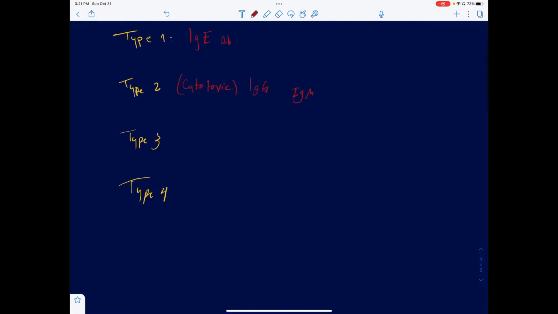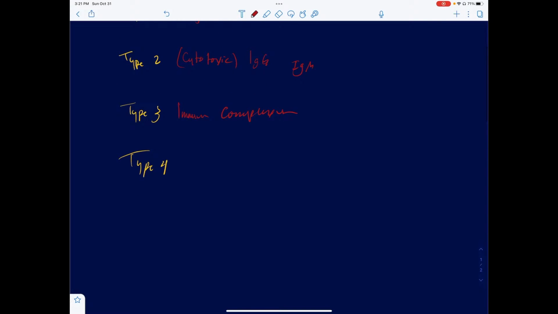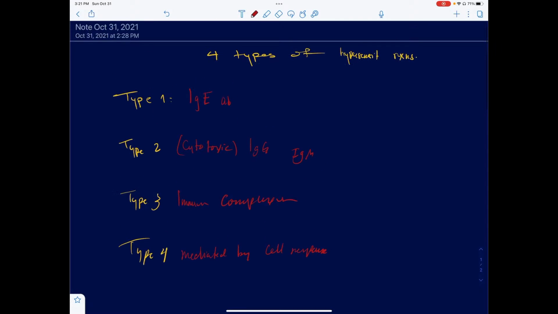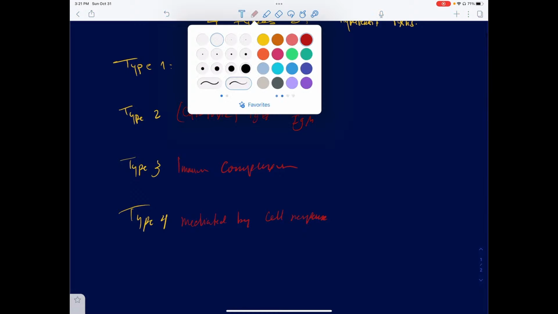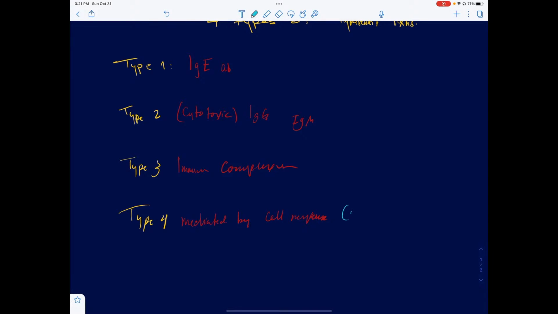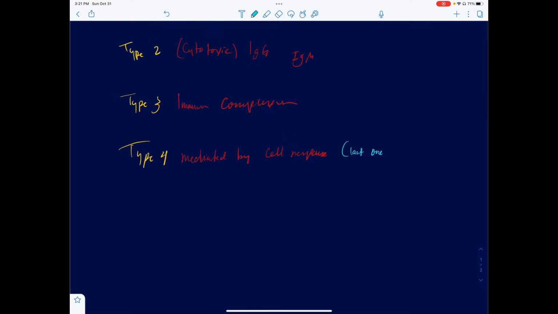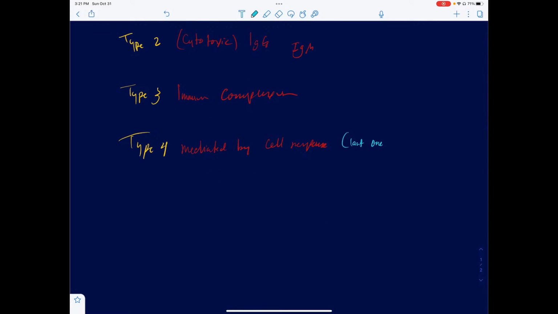The third one is mediated by immune complexes. And the fourth type is mediated by cell response. This type 4, think of it as the last one, right? So the last one is type 4, and so that's easy to remember. The last one is by cell response, and it's a delayed reaction.